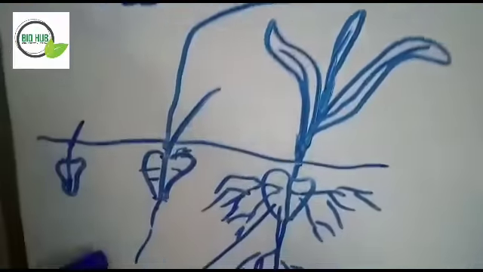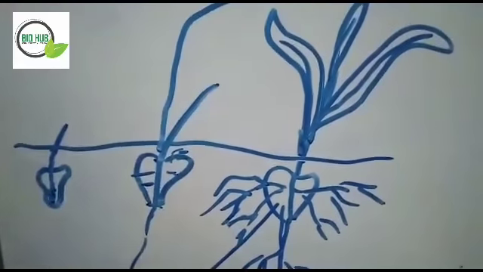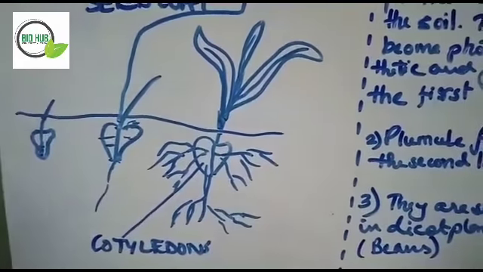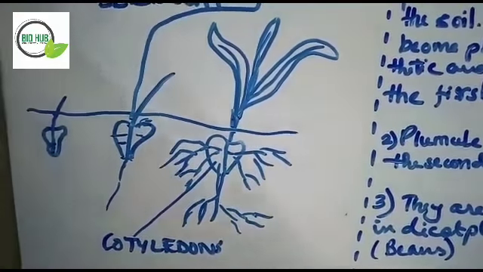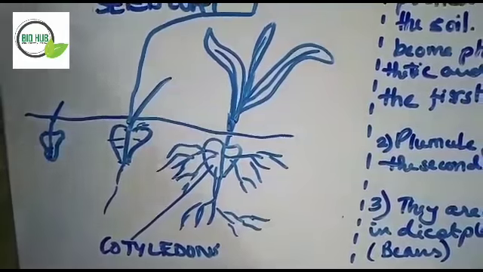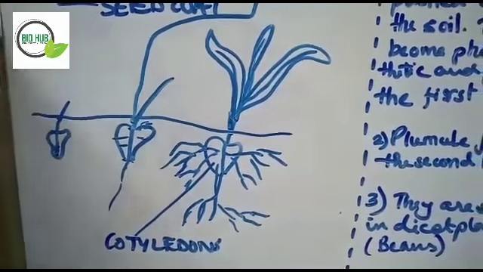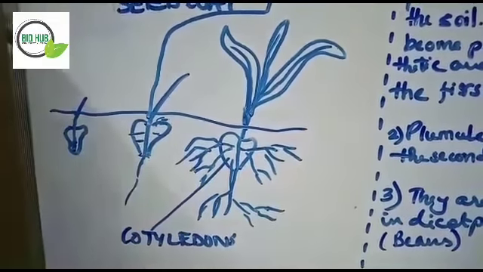Now let's come to hypogeal germination. You can see the diagram I have drawn here. Here you see, this is the cotyledon. The first part is very similar in hypogeal germination also. Here again the seed will absorb water, rupture, and the radicle comes out to form the root.